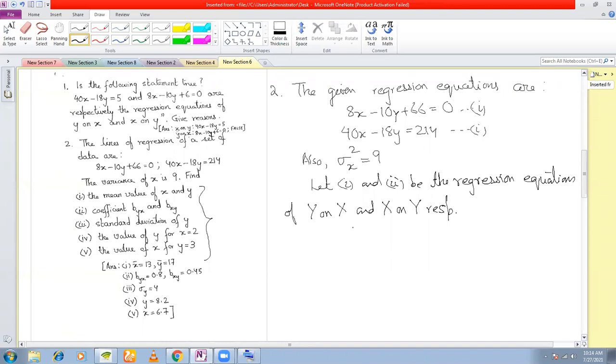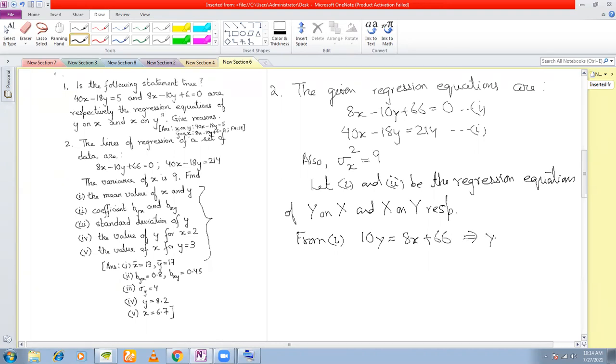Okay, now we shall check. We start with 1. Because we have assumed 1 to be the regression equation of y on x, we make y the dependent variable and write this as 10y is equal to 8x plus 66.